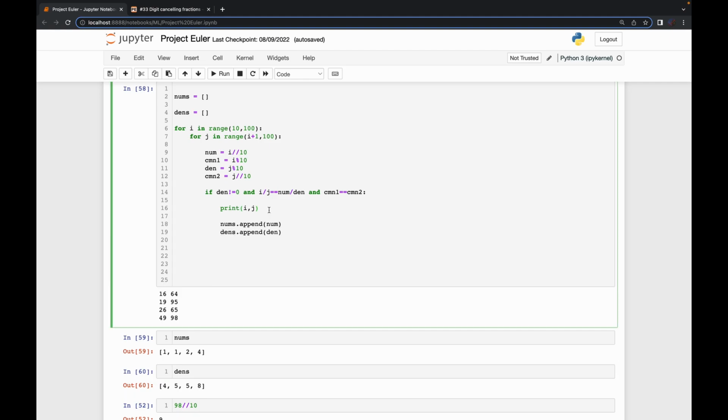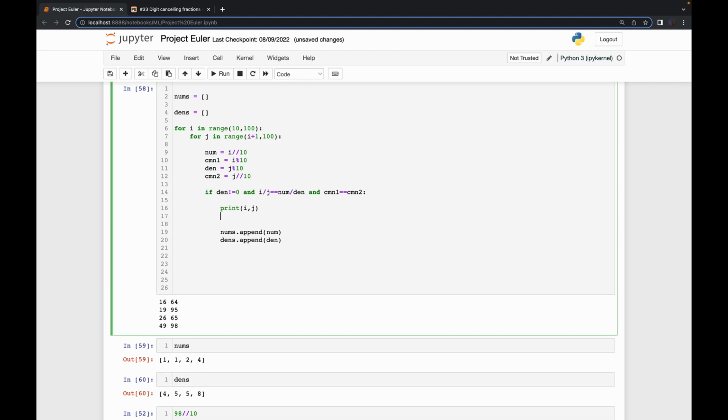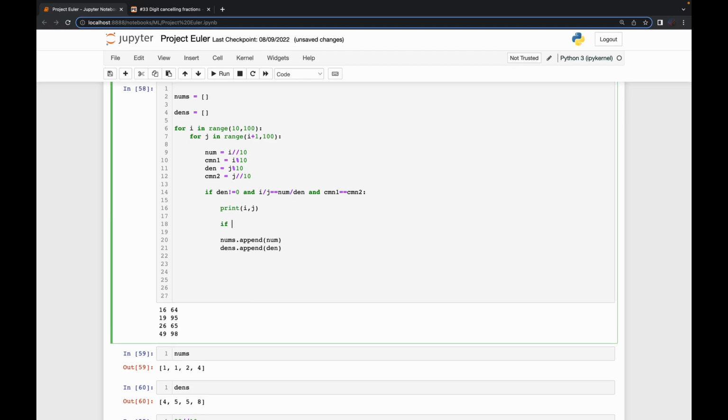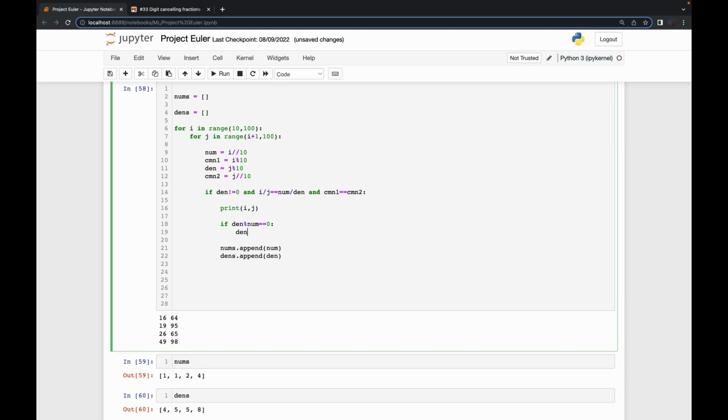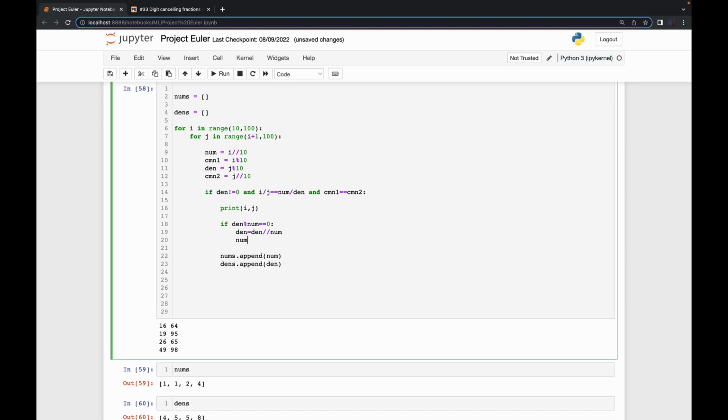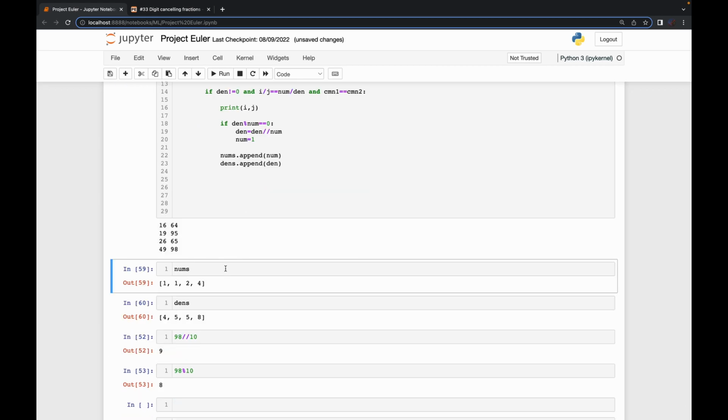Let's create another condition: if the denominator divided by the numerator has remainder 0, then we set denominator to denominator integer division of numerator, and numerator becomes 1. Let's check that.